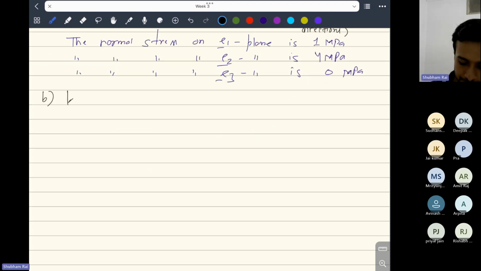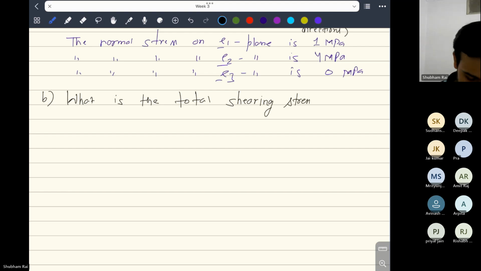So next part says, what is the total shearing stress or shear stress on each of the coordinate planes.